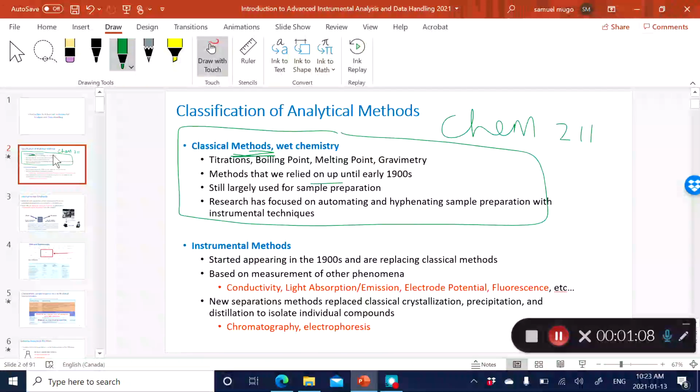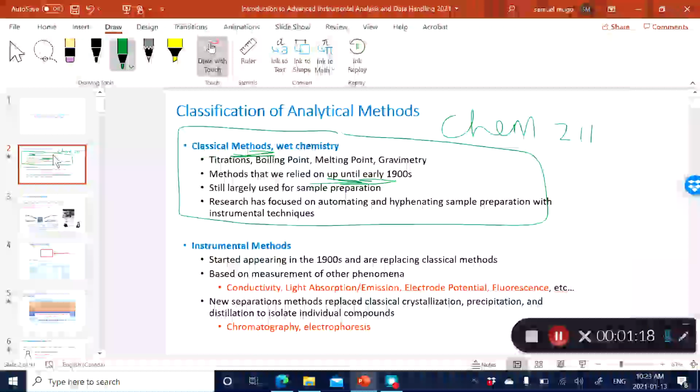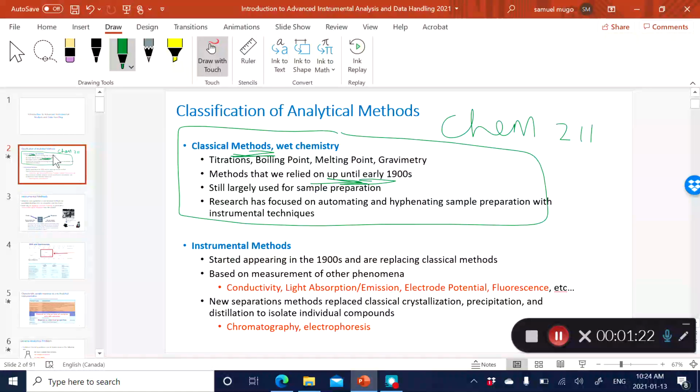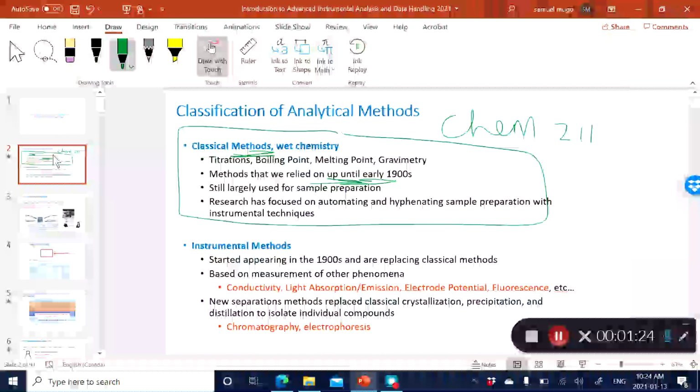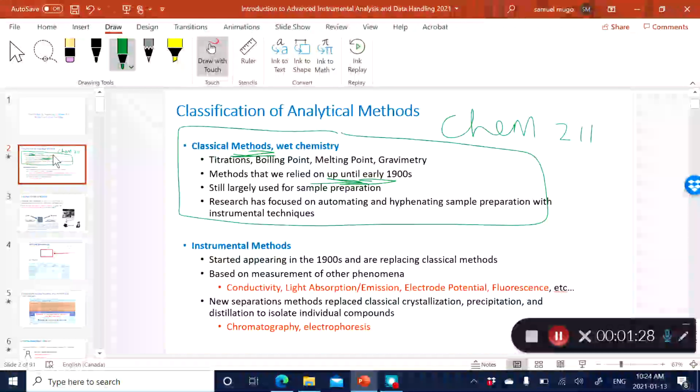So this is the traditional way of doing quantitative chemical analysis, where you can do things like crystallization, precipitation, titration, gravimetric analysis, and so forth. Now, they're still largely used today for sample preparation.